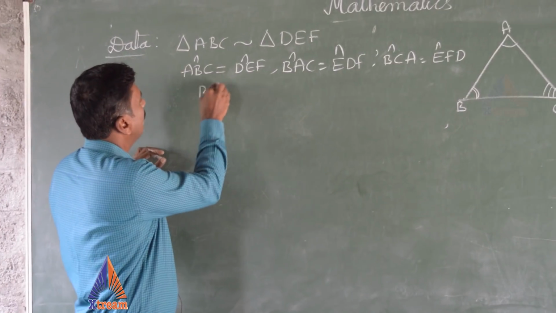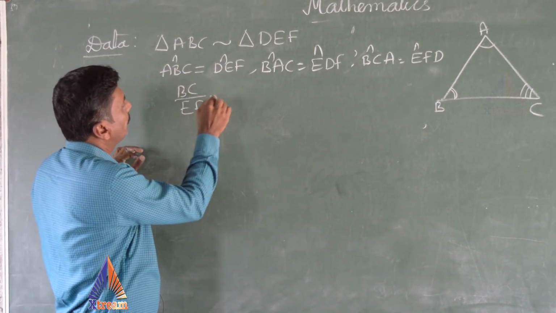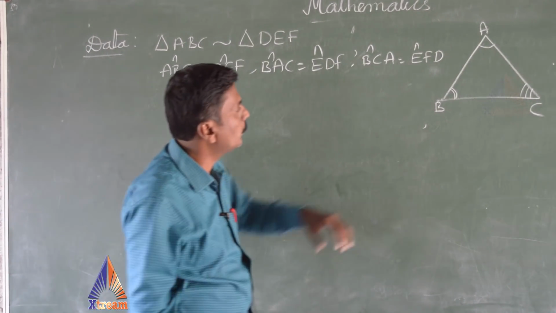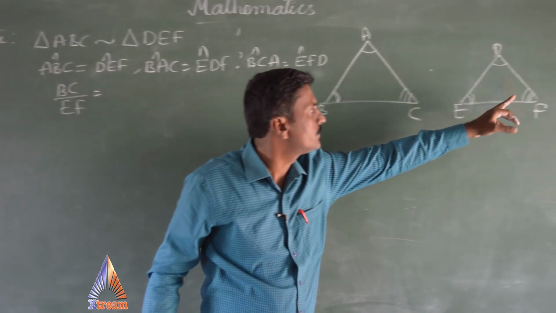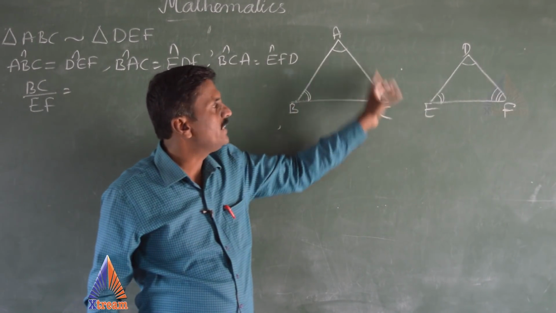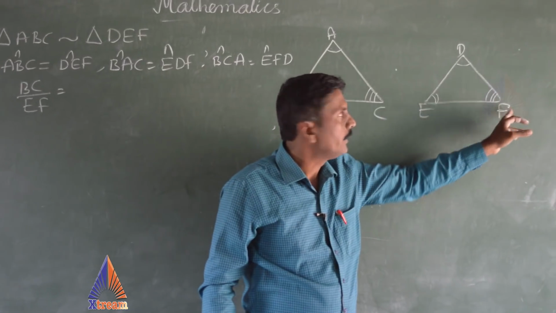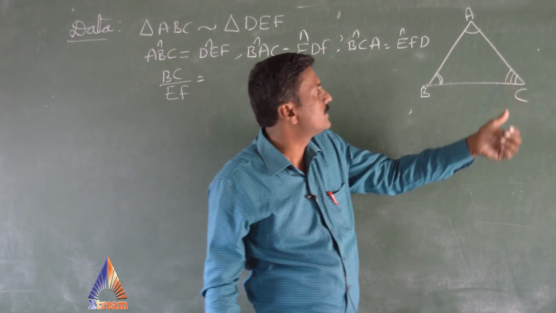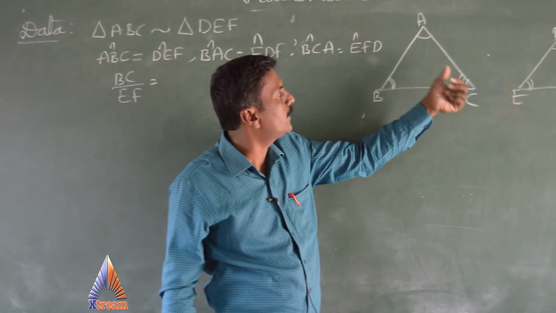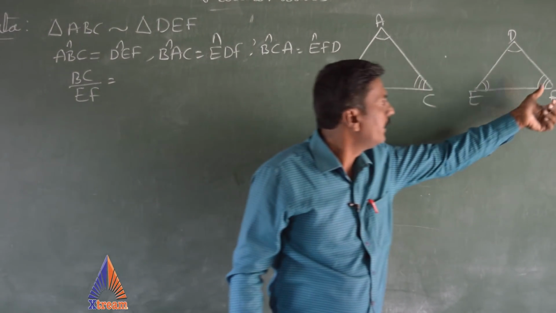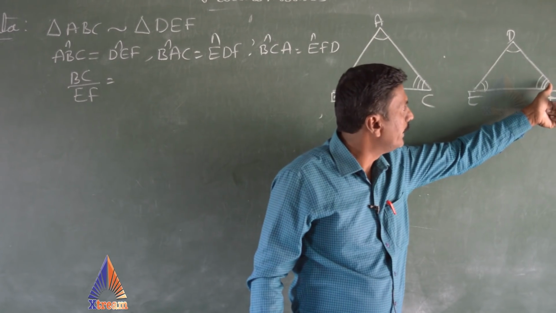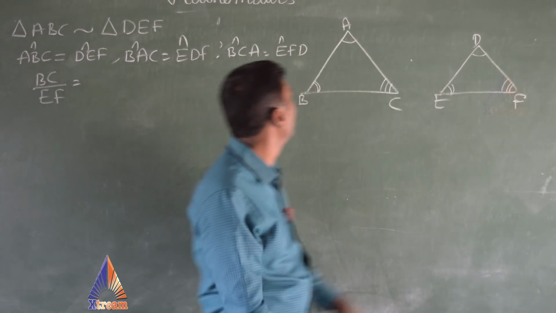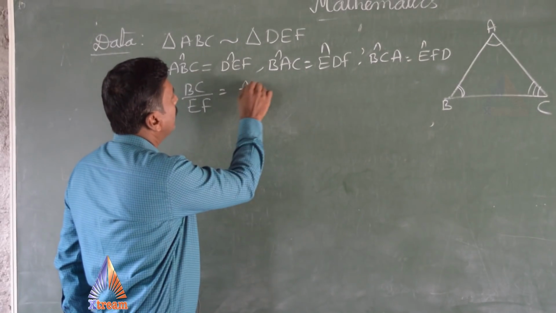Write like this: BC by EF is equal to, next let's consider angle BCA and angle EFD. These are another pair of corresponding angles. Now what is the side opposite to this angle? AB, and here the side opposite to EFD is DE. AB by DE.